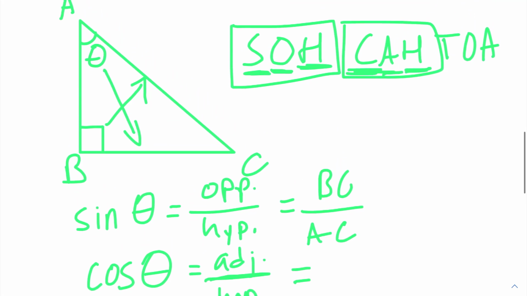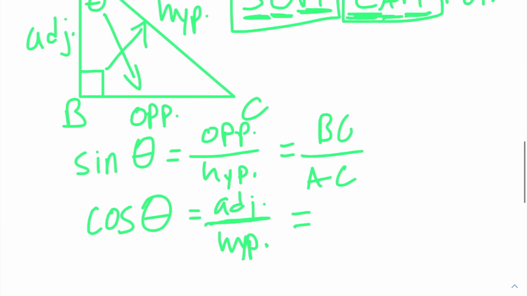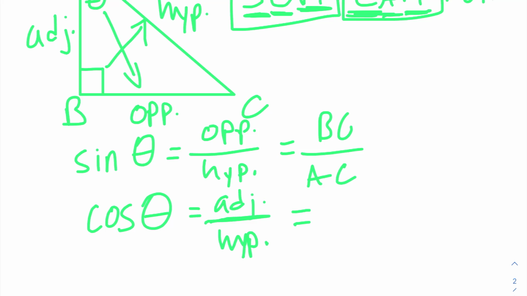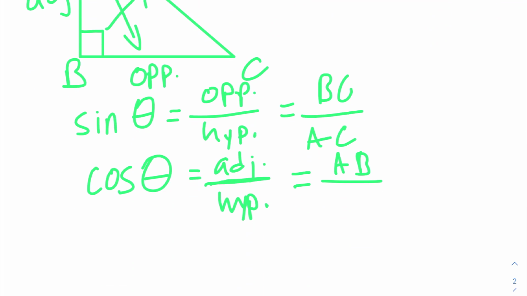And the adjacent in our problem is AB, because this is the opposite, and this is the hypotenuse. So this must be the adjacent right here. AB must be the adjacent. So we have AB over the hypotenuse, which we know is AC. So cosine theta is equal to AB over AC.